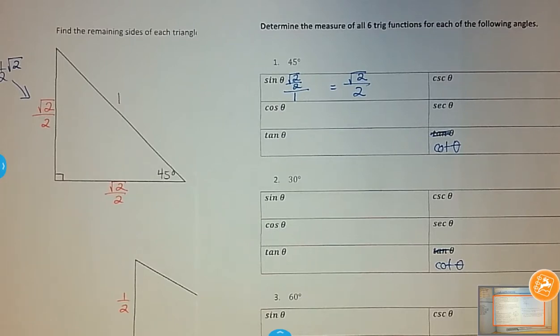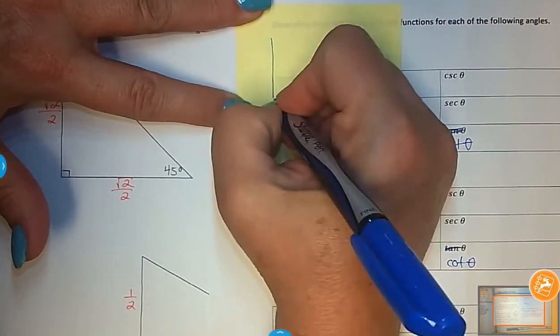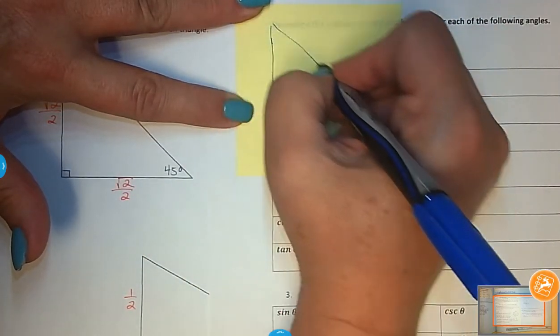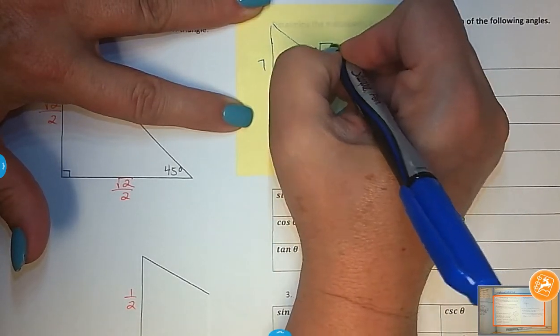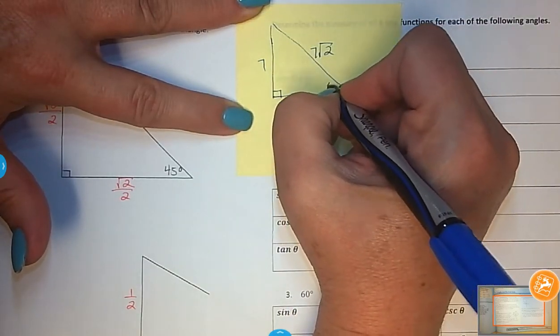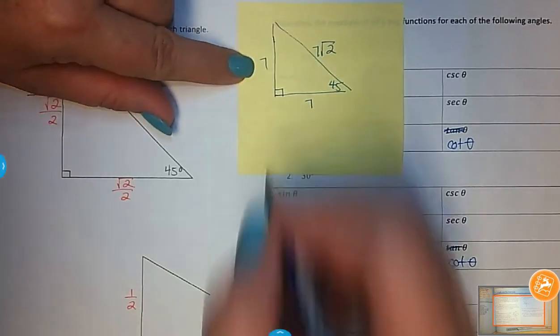Wait, what if it was any number except for 1? Would you still have to put it over 1? No, if it was another number, you would put it over that other number. If we were not leading up to unit circle trig and you had a triangle that looked like this, and I asked you to find the sine of 45 degrees, well, your opposite is 7.